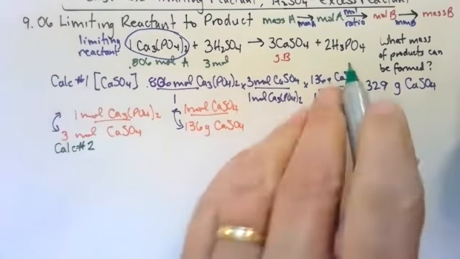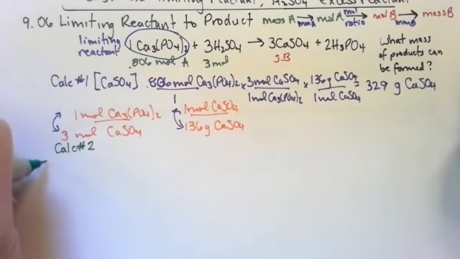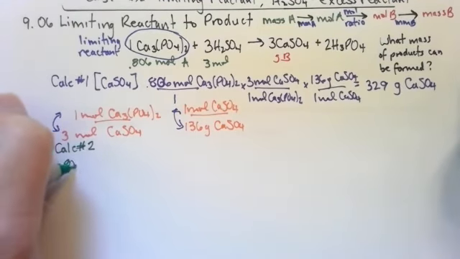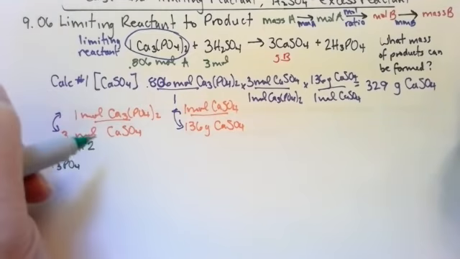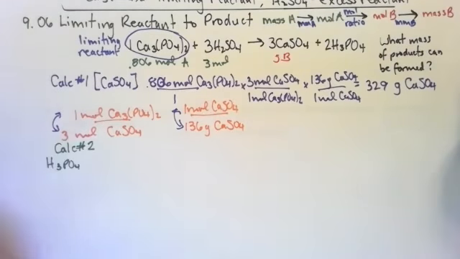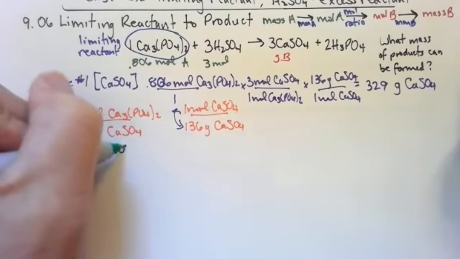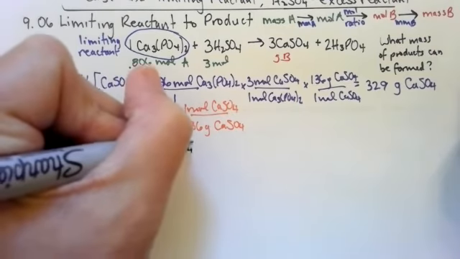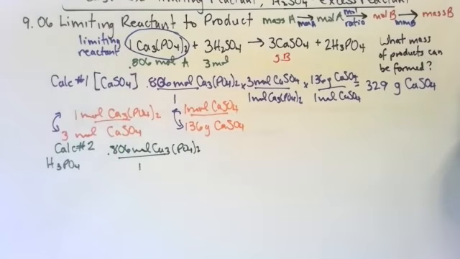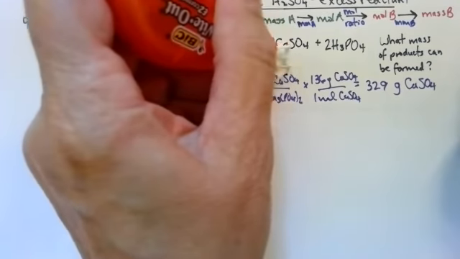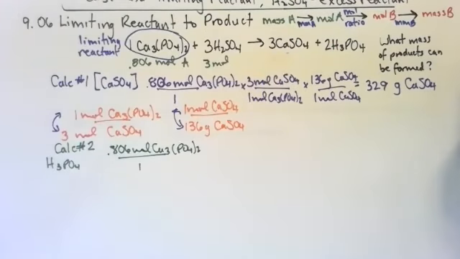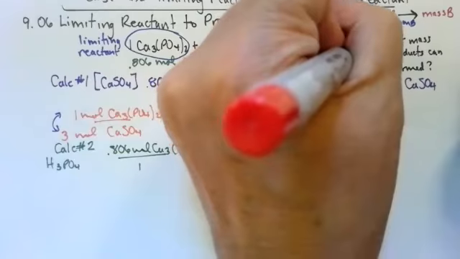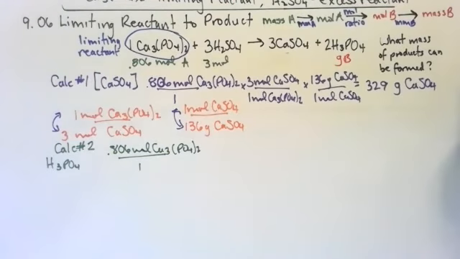Is I want to see how much of the phosphoric acid I can form. So I'm going to go to the H3PO4. So I start off again, my limiting reactant, I have 0.806 moles, Ca3(PO4)2, put that over 1. Now this time I'm going to grams of phosphoric.